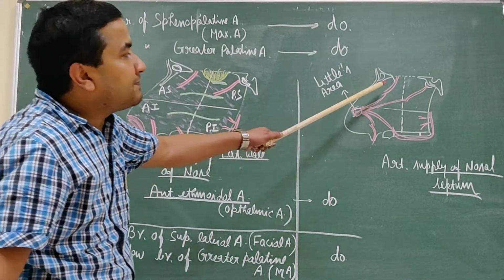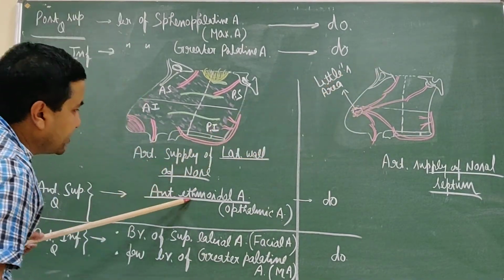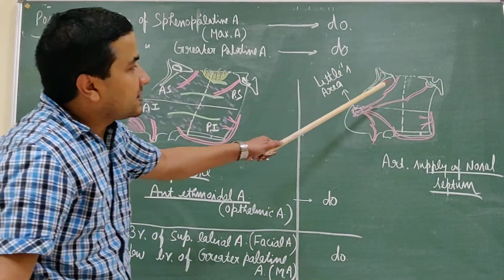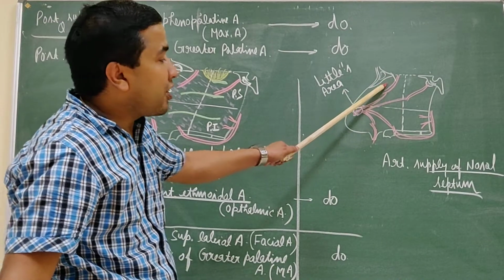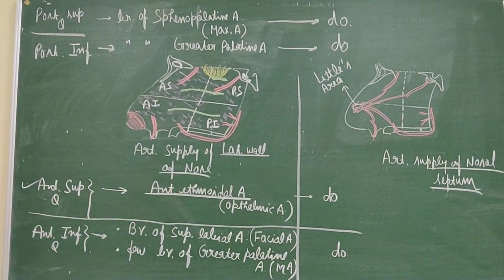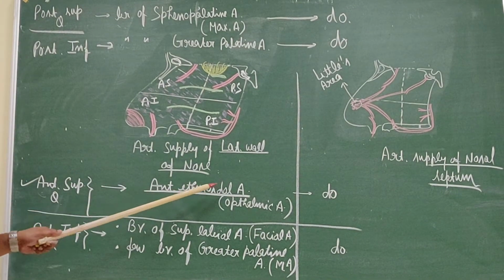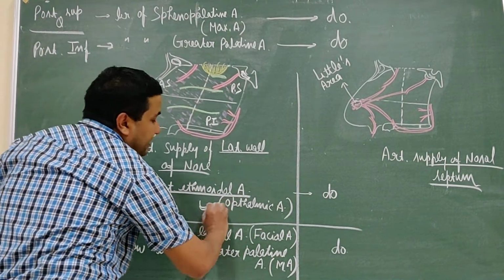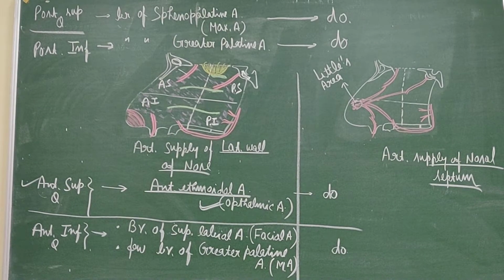While here it is the septal branch of this anterior ethmoidal artery. This supplies the anterosuperior quadrant of the nasal septum. And this anterior ethmoidal artery is a branch of the ophthalmic artery.